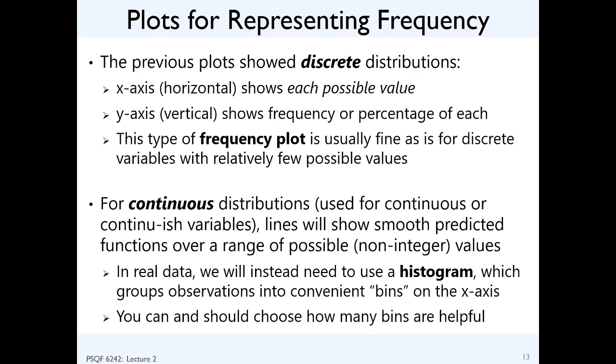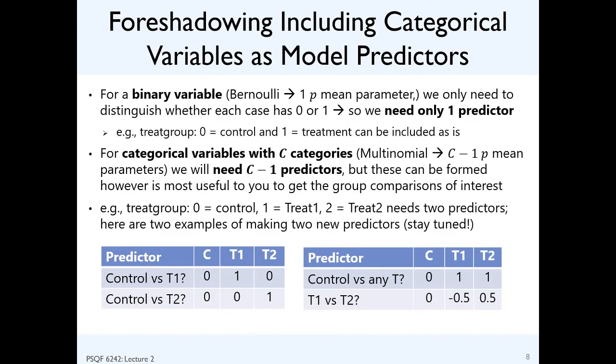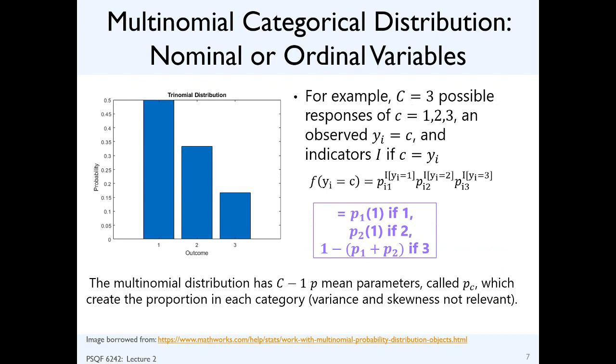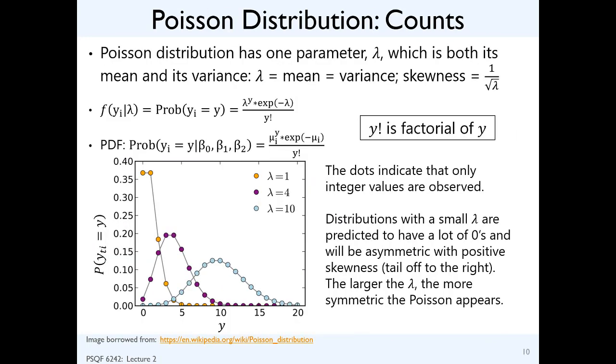So the common denominator of all the previous plots here is that these are all for discrete variables. Categorical, where the variable numbers are labels. Binomial, where it's the number correct, or number of events out of some total, which you can convert to a rate if you want to.